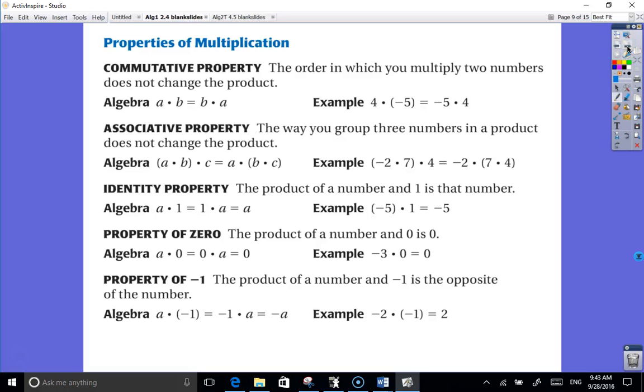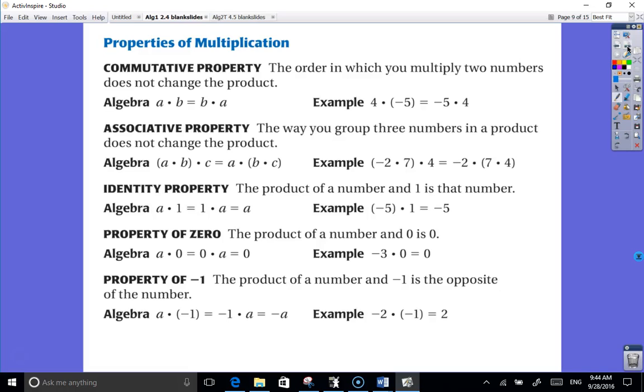So now we have properties of multiplication just like we have properties of addition. In fact, they're considered to be properties of real numbers. We have the same commutative. Commutative means what? Changing the order doesn't matter. Associative means the grouping symbols don't matter.